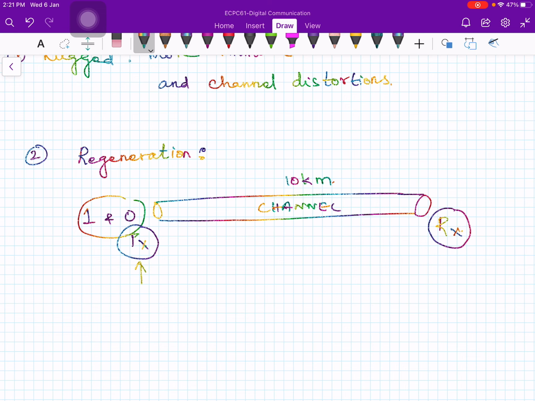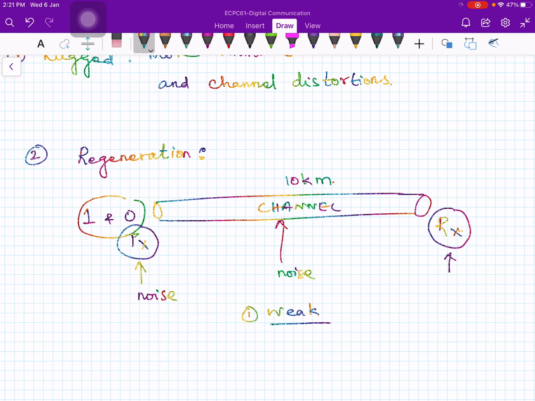So the noise is getting added in the transmitter, in the channel, and also within the receiver itself. Therefore, by the time the signal comes to the other side, at the receiver, first of all, the signal is very weak. Why is it weak? Because it has to propagate over a long distance.